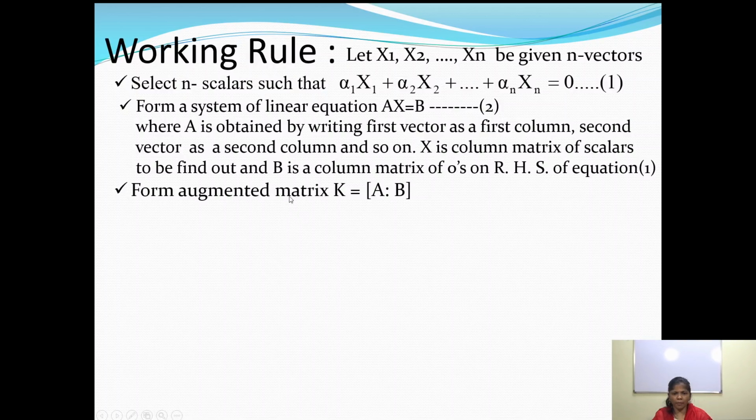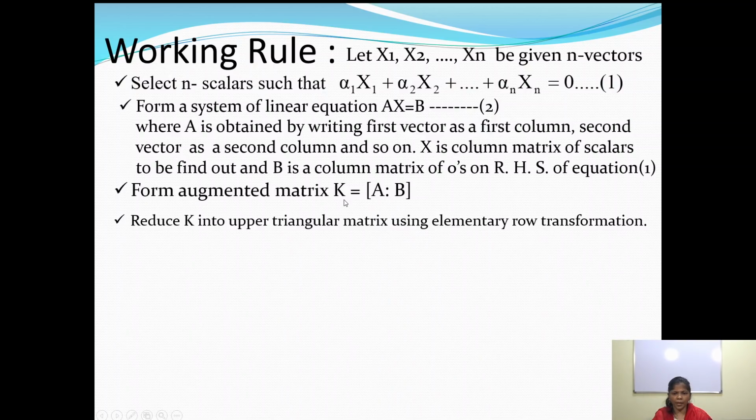From this we form the augmented matrix K equal to [A B]. Then reduce K to upper triangular form using elementary row transformations. Then we find the rank of A. Remember, in a homogeneous system of equations, whatever the rank of A is, the same is the rank of K. So here the ranks of A and K will be the same.